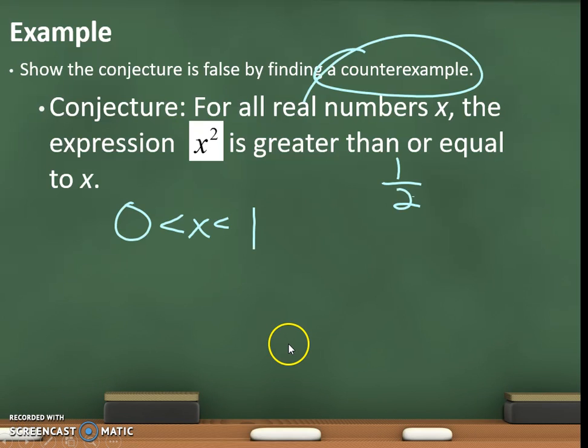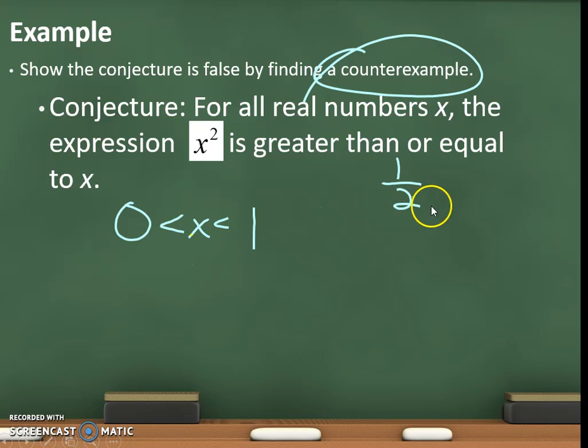So the reasoning, the counterexample for this is, what if x is a fraction? What if x is greater than 0 and less than 1? Is x squared going to be greater than or equal to x? For example, if x is 1/2, 1/2 squared is 1/4. That's smaller than 1/2.